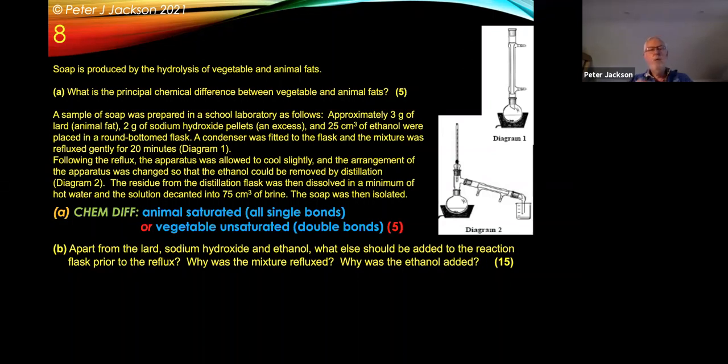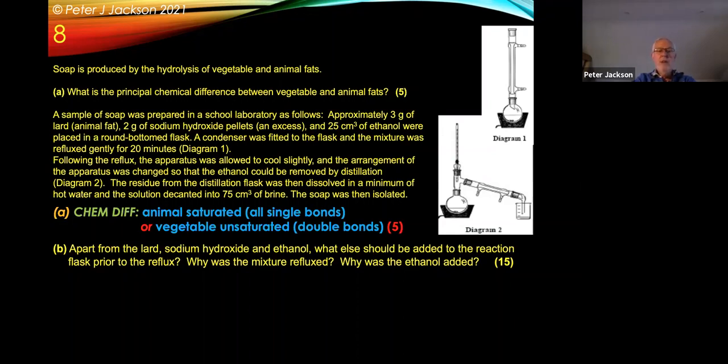A sample of soap was prepared in a school laboratory as follows. Approximately 3 grams of lard, that's animal fat, 2 grams of sodium hydroxide, that's an excess, and 25 cm cubed of ethanol were placed in a round bottom flask. A condenser was fitted to the flask and the mixture was refluxed gently for 20 minutes. Diagram 1.